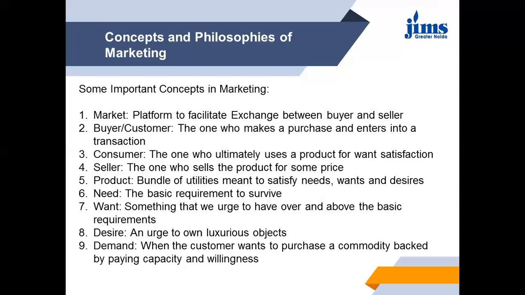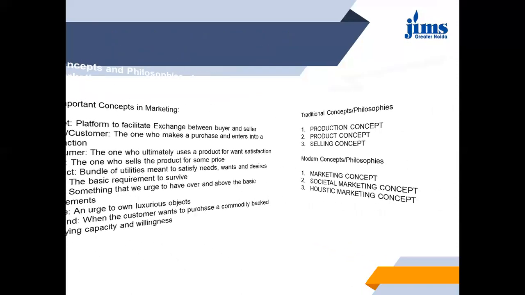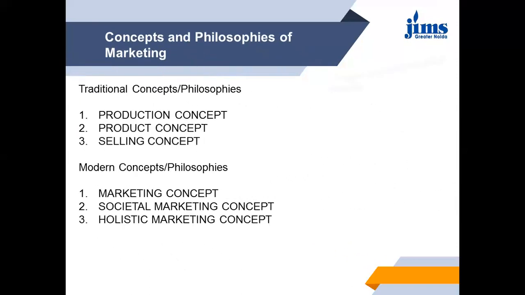Now, moving on, I will talk about the philosophies of marketing. The philosophies, as I told in the beginning, actually reflect the evolution of the concept of marketing. And these philosophies have given different meaning to the term marketing over the years. Now, if you can see the screen, we have divided the philosophies into two parts, the traditional philosophies and the modern ones.